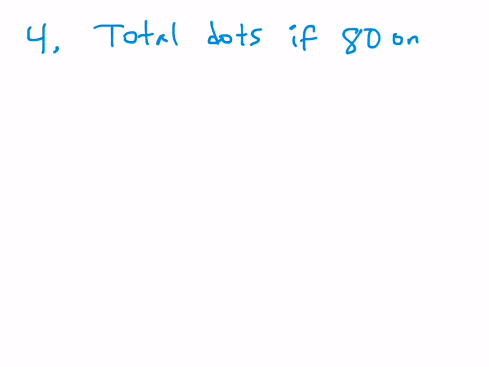Another thing, it's looking back, but it's sort of also looking forward. What other questions could you ask yourself, or how could you apply information from this to different problems? Right? Well, natural extensions would be to just ask about different numbers of dots. So, you know, maybe you would want to ask how many total dots if there are 80 on each side.